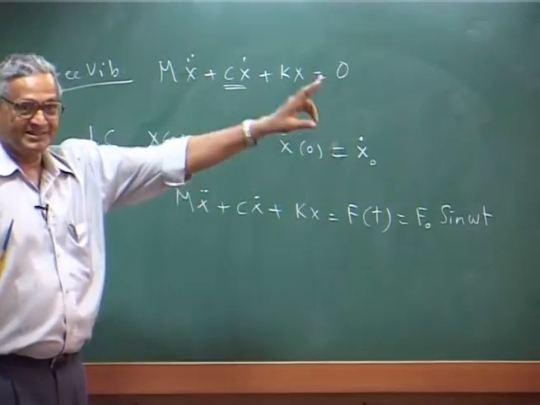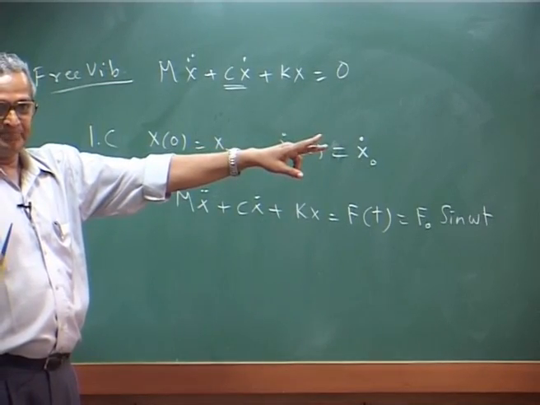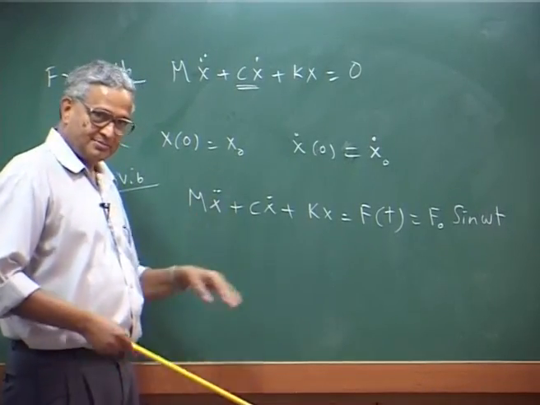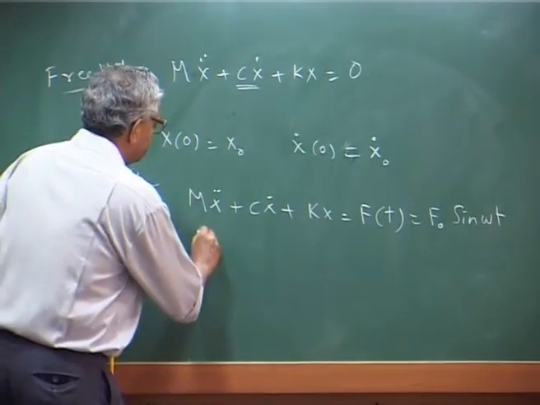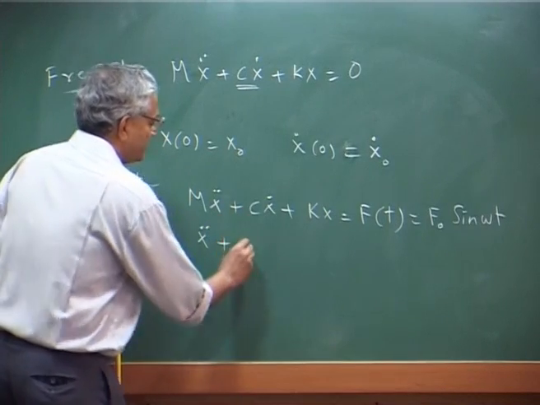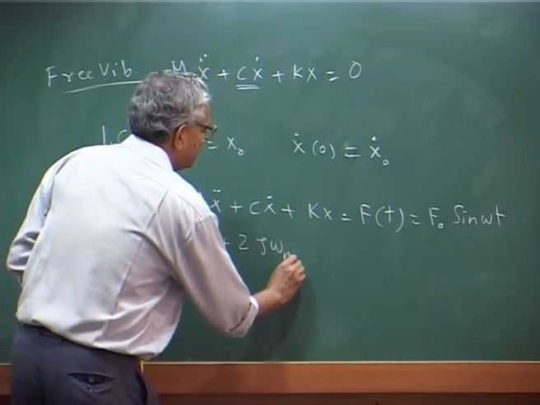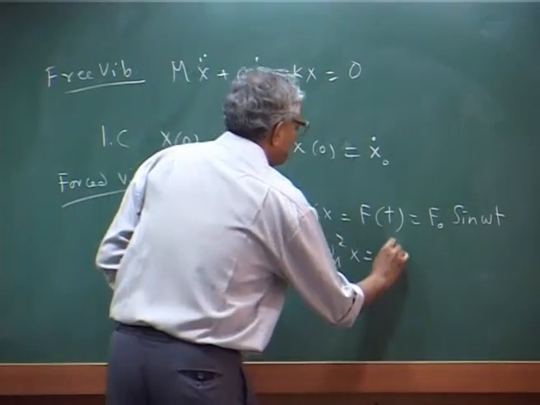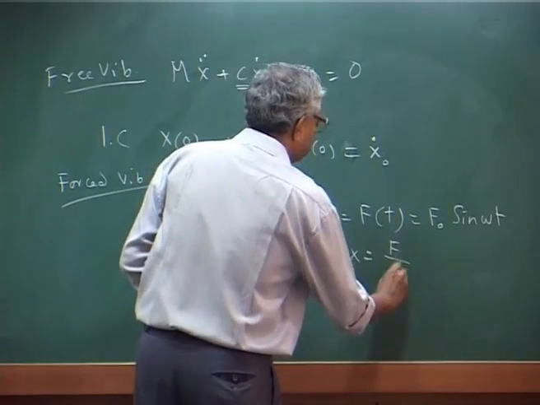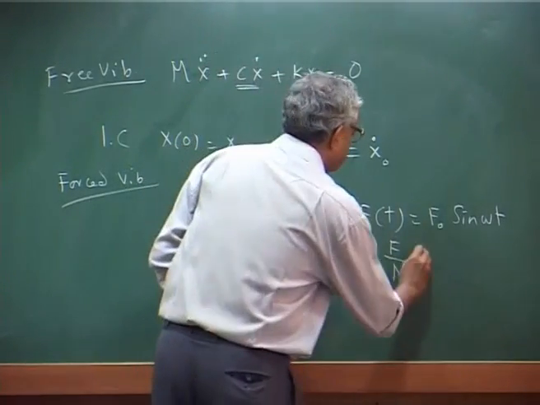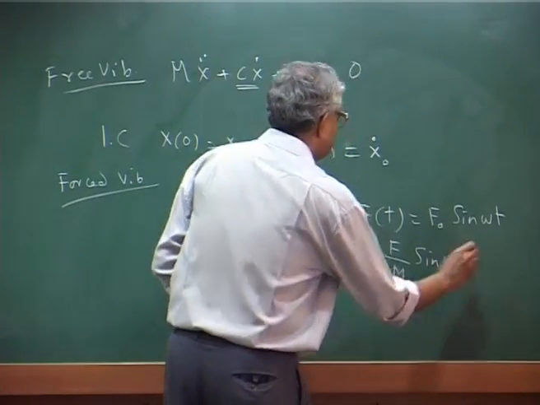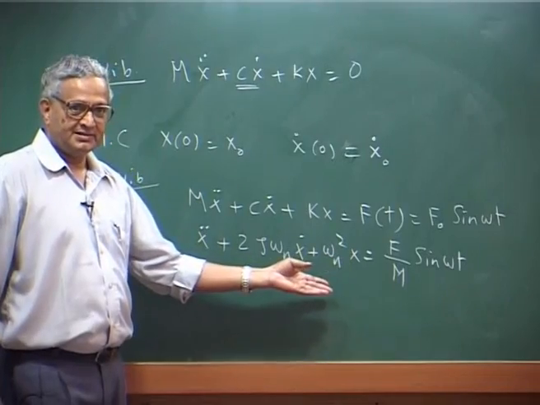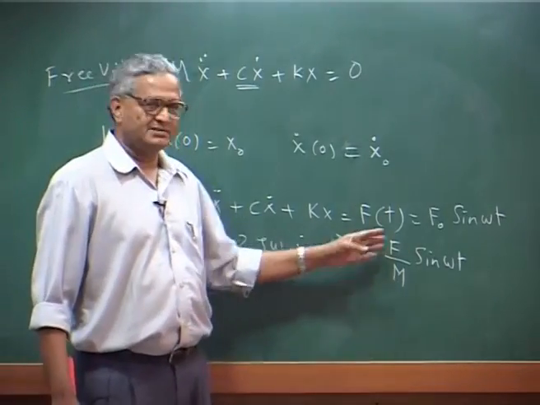Now, what we are looking at here is, you convert this into non-dimensional, you may have x double dot plus c over m x dot plus omega n square x, and here you divide by m, and you may call this some f naught.